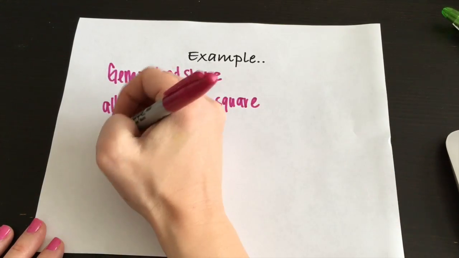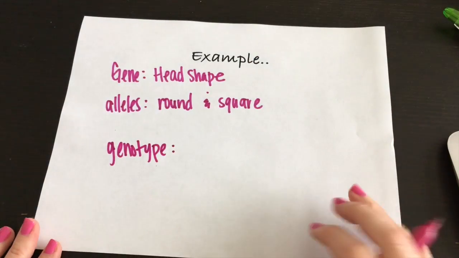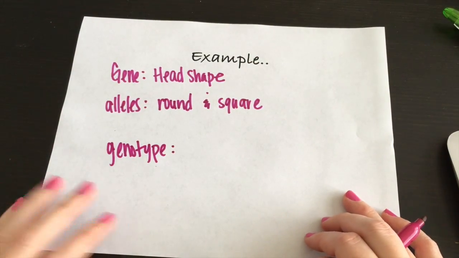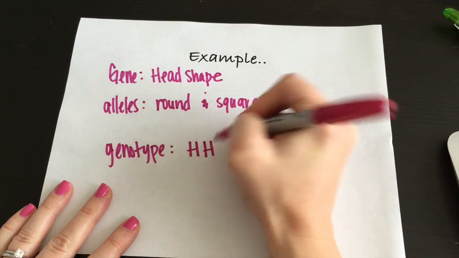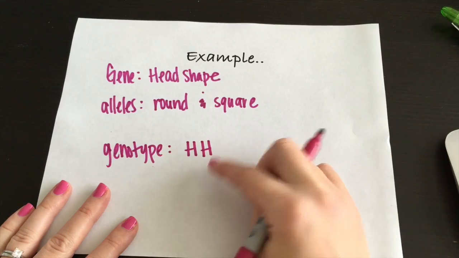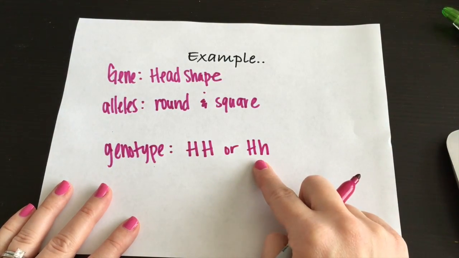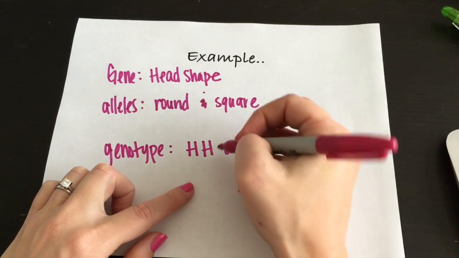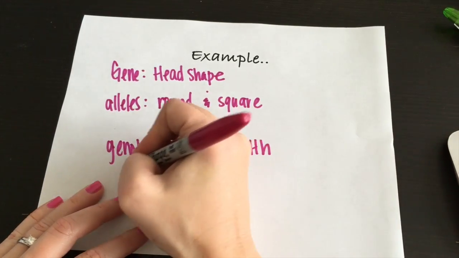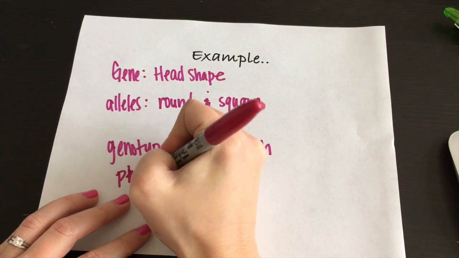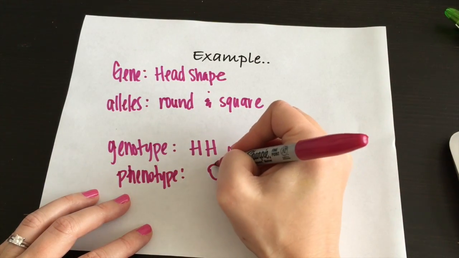So let's take a look at genotype. In our population, I'm going to use the letter H. If you have the genotype HH, so you're homozygous dominant, or you're heterozygous for it, your phenotype will be a round head.